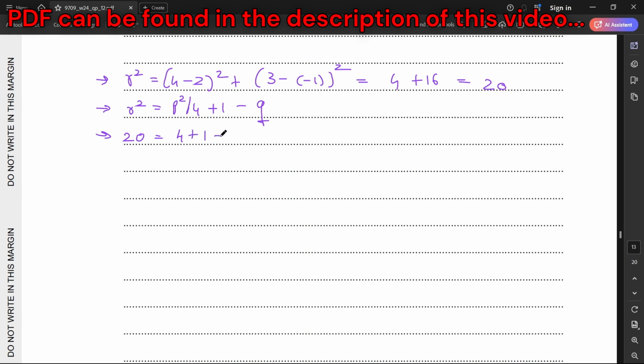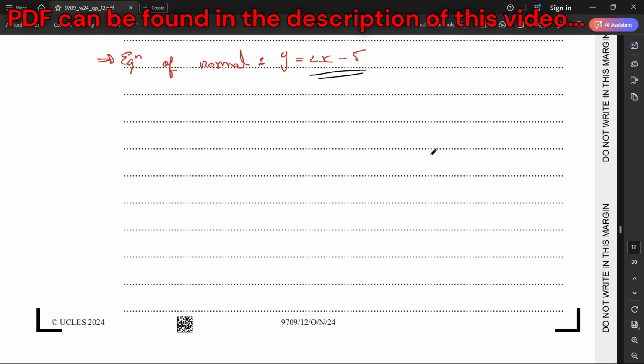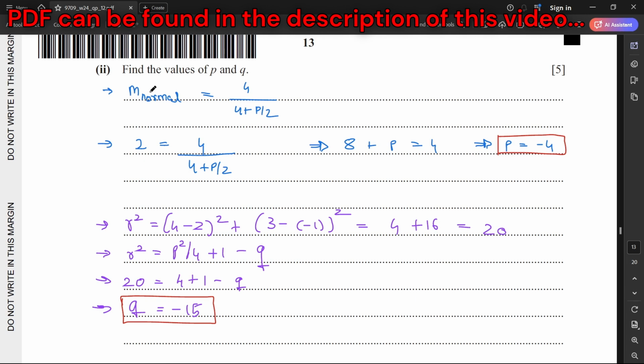So 4 plus 1 minus q is what I'm having. So I'll keep my q on the left side and shift my 20 on the right side. So 5 minus 20 is minus 15. So the value of q that we are getting over here comes out to be minus 15. The value of p we have already found, and that's how you solve the part 2 of part B in question 8.